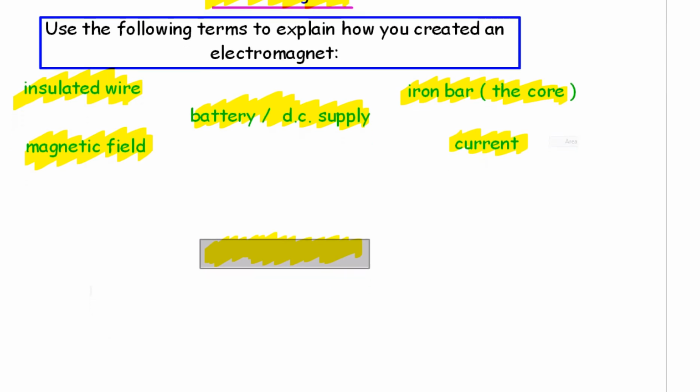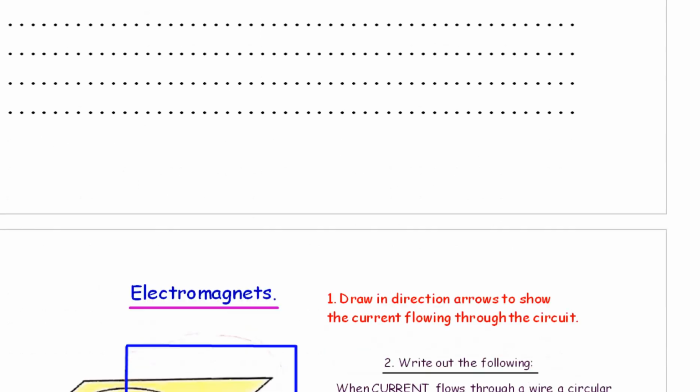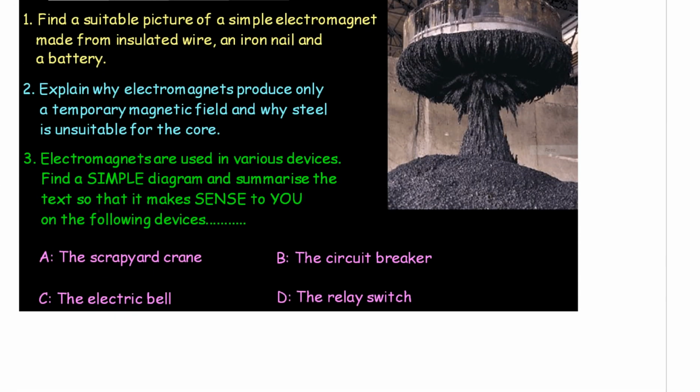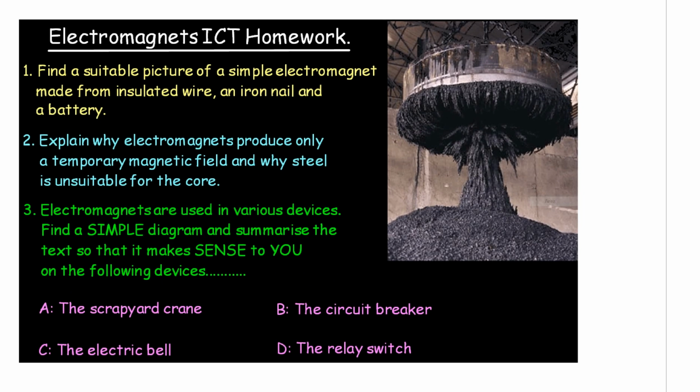So the final thing that I'd like you to have a look at is this here today. So this is number 4 in our list of stuff to do. Find a suitable picture of an electromagnet made from an insulated wire, an iron nail and a battery.